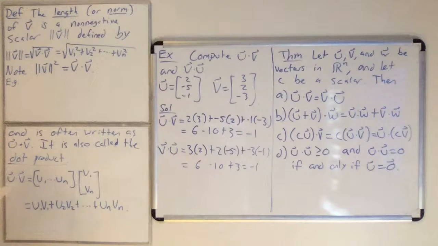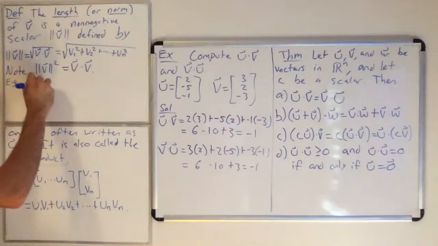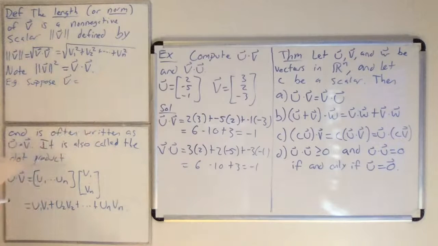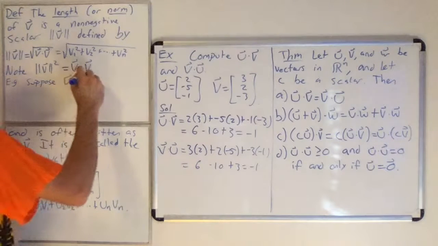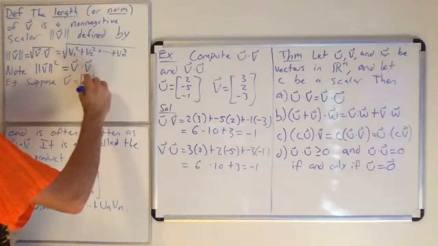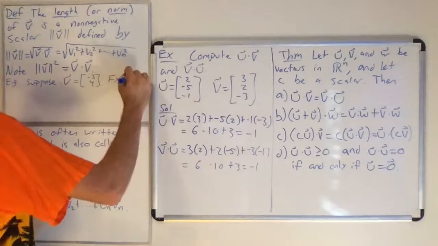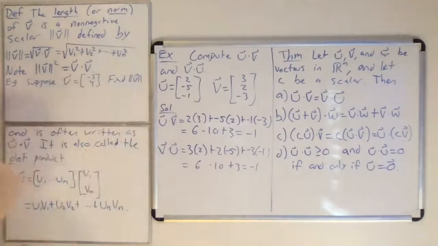In the case where we have a vector in R2, it's nice and easy to draw, so we can take a look at that. So suppose v equals, let's say the vector -3, 4. Find the length of v.